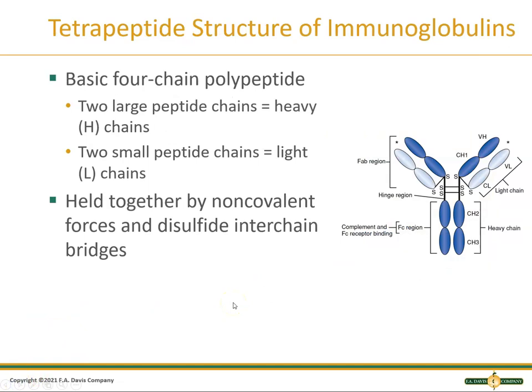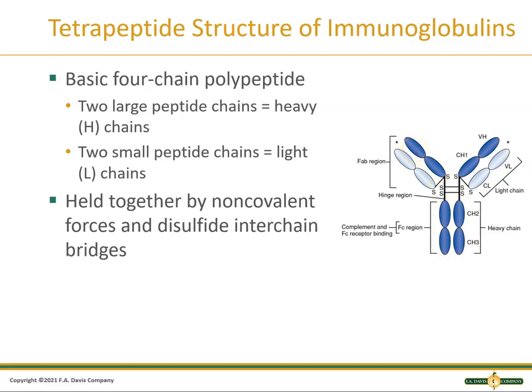The actual structure of an immunoglobulin is a 4-chain polypeptide, called a tetrapeptide. There are 2 large peptide chains, which you can see in dark blue. The dark blue are the heavy chains, labeled H because they're heavier in weight.